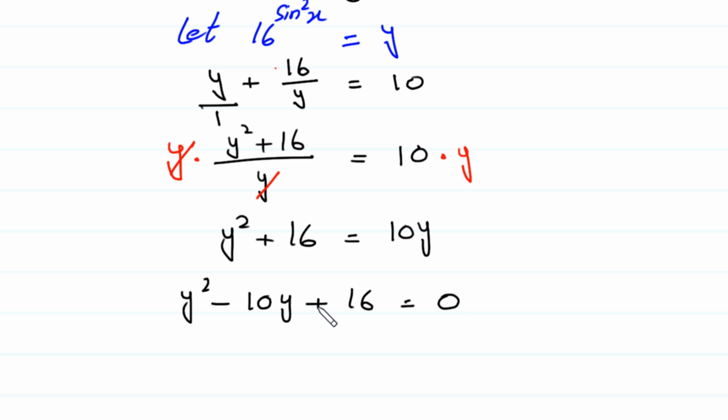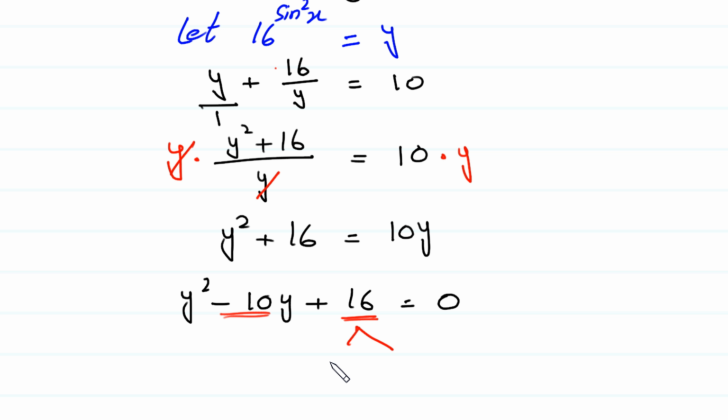Now this is a quadratic equation and can be solved by factorization. We have to find two numbers whose product is this positive 16 and whose sum is this negative 10.